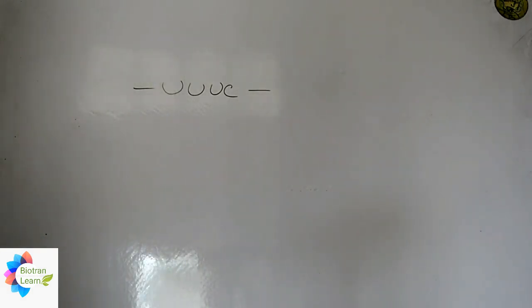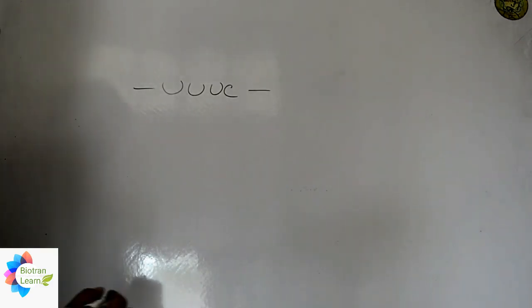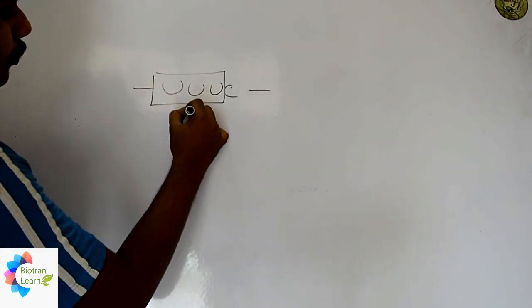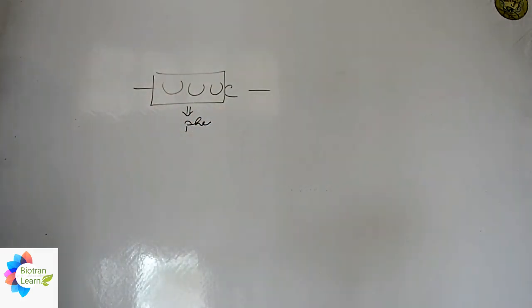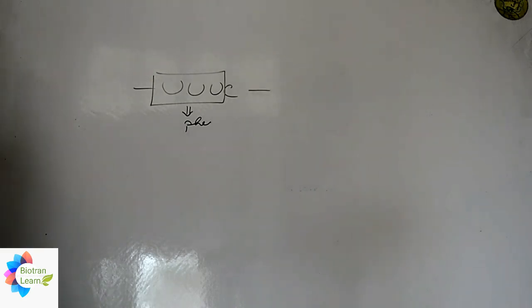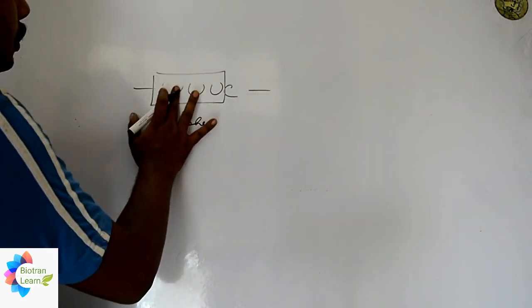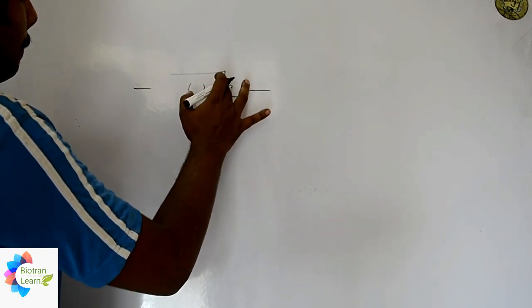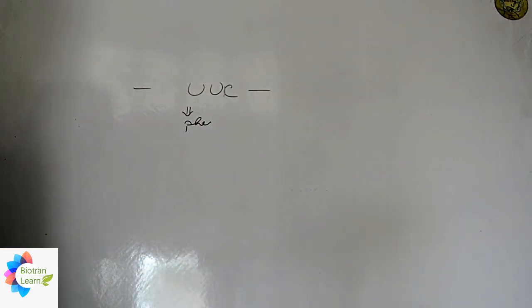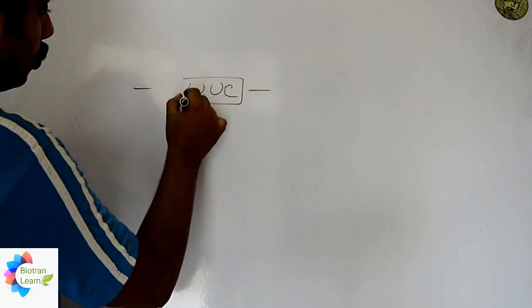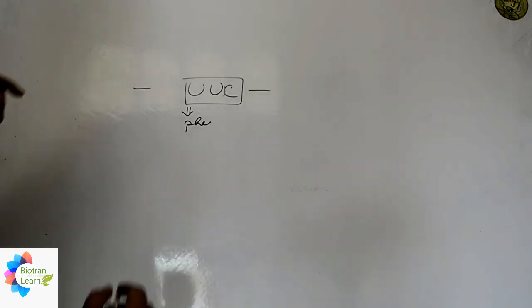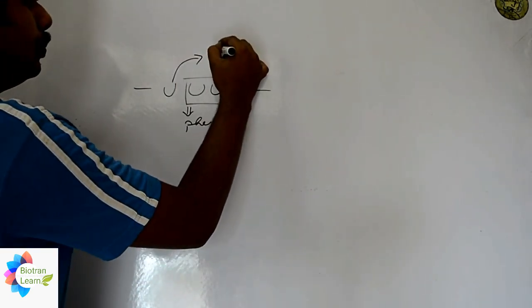UUU was coding for phenylalanine. Now due to certain reasons, this particular UUU will show UUC codon, that is, this U has been deleted.